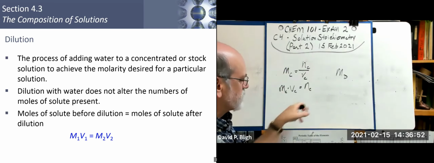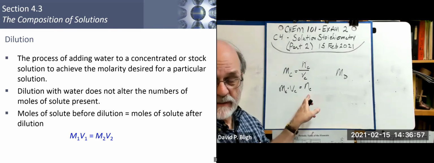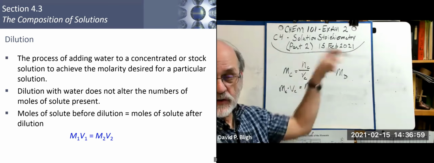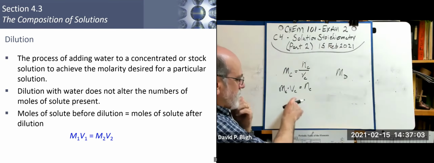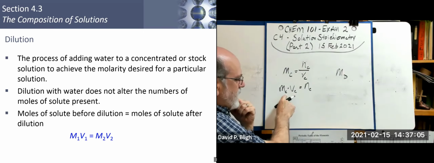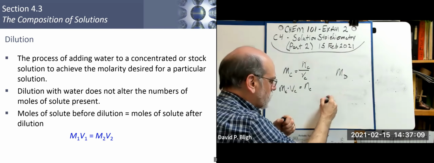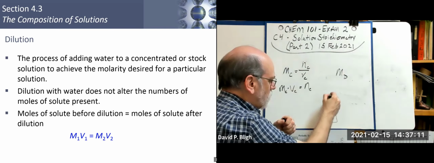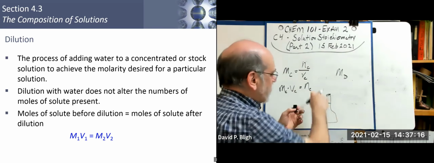At that concentration it gives you this many moles. Now, we're going to put this many moles into a new vessel and dilute it to a new volume. Right? So we take this volume of that concentration and we put it into a container that has a known volume, and that volume is over here.